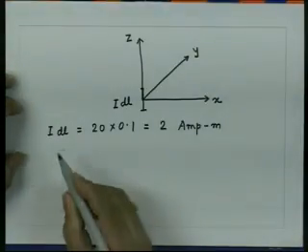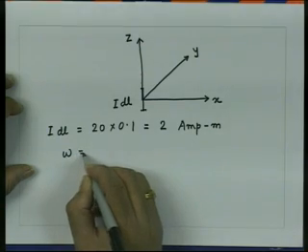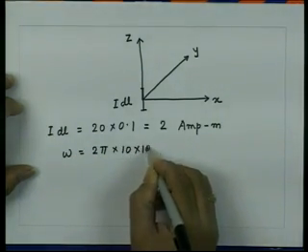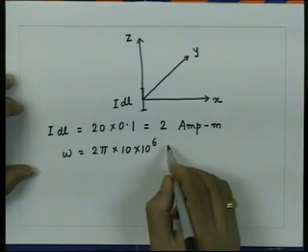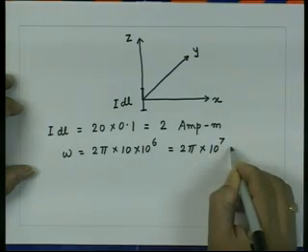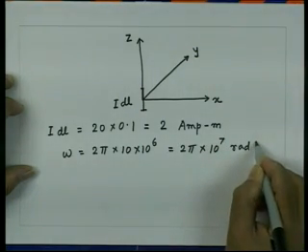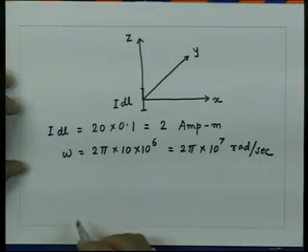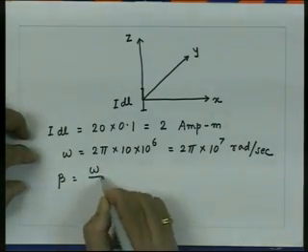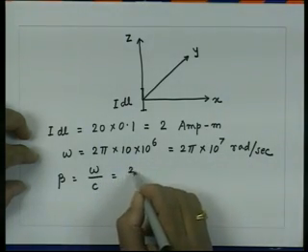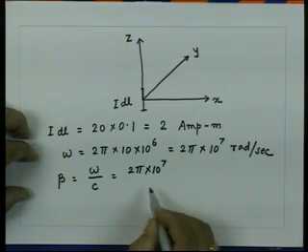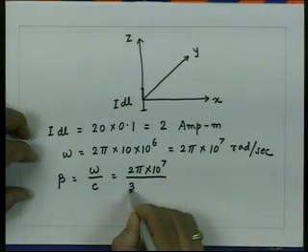So we get omega equal to 2 pi into 10 megahertz, that is 10 to the power 6, so that is equal to 2 pi into 10 to the power 7 radians per second, and then the phase constant beta, which is omega by c, is equal to 2 pi into 10 to the power 7 divided by 3 into 10 to the power 8.